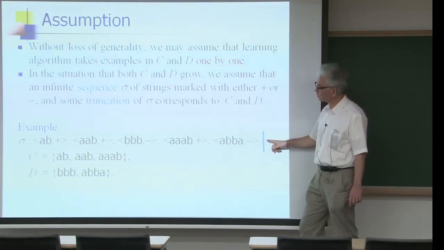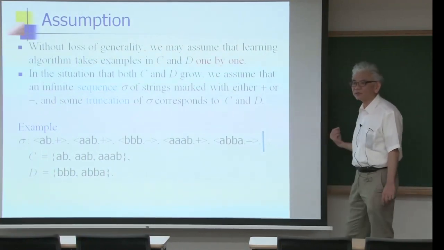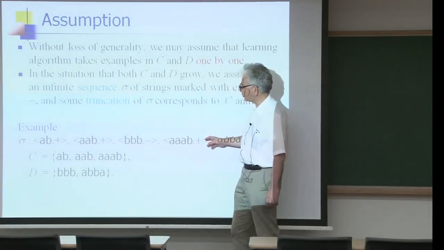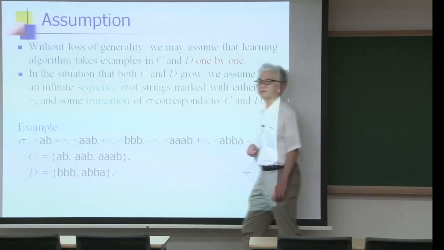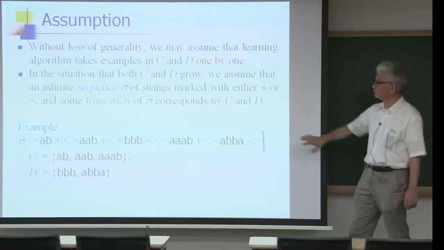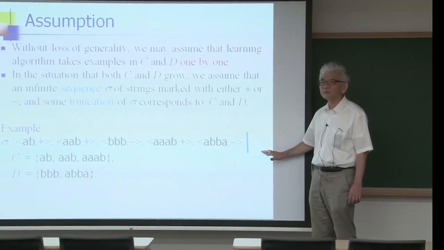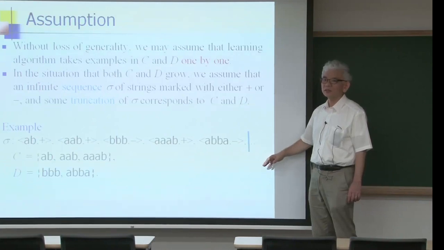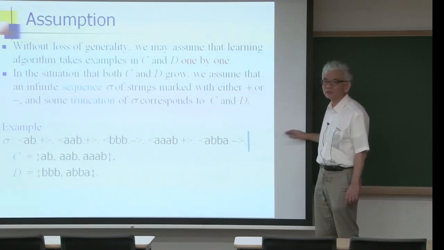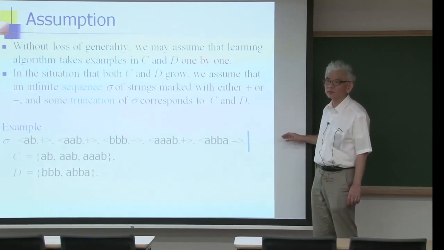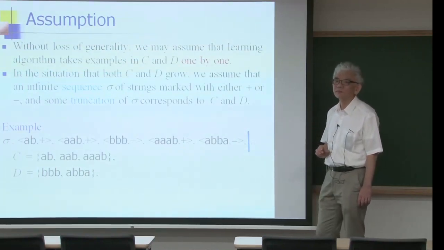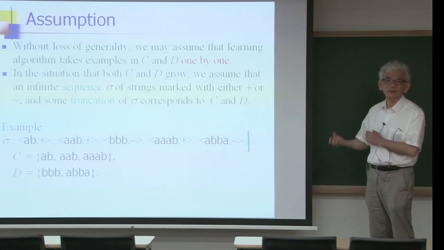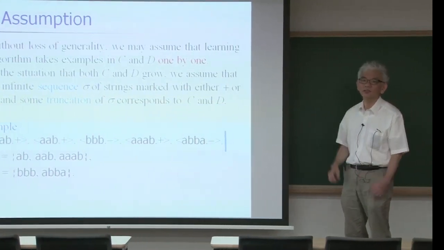Truncation means some prefix of the infinite sequence, and we gather the positive examples as C and the negative examples as D. So these two are equivalent. I mean that being provided C and D is equivalent to considering the infinite sequence and its truncation. Then this sequence is infinite, so we can consider convergence or other concepts from mathematics.